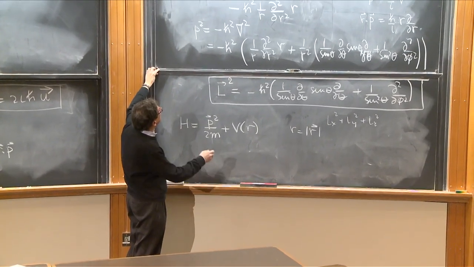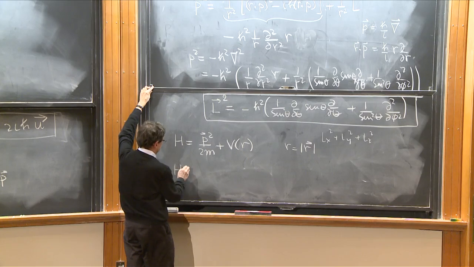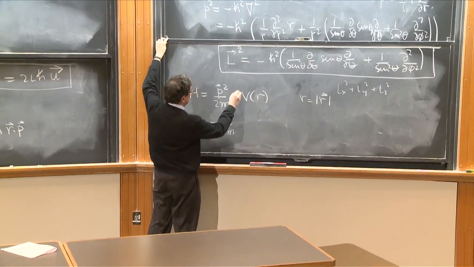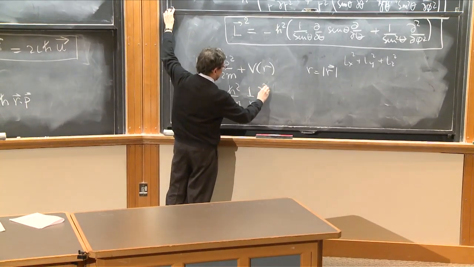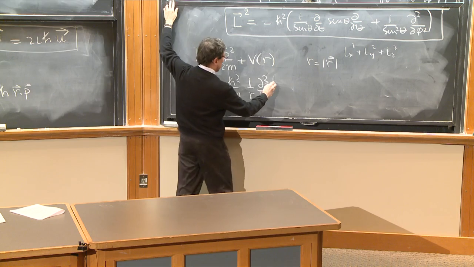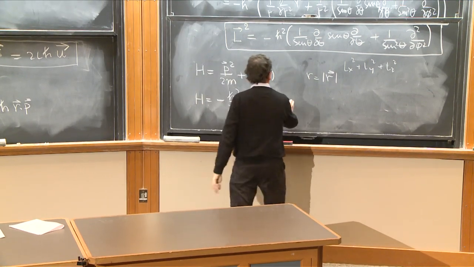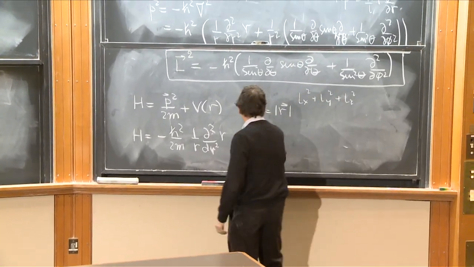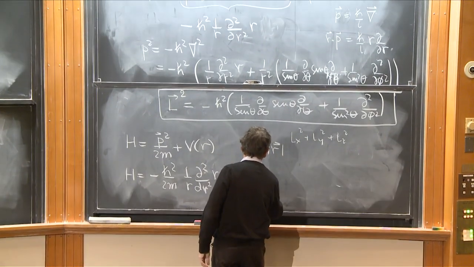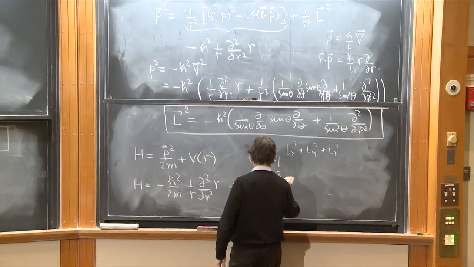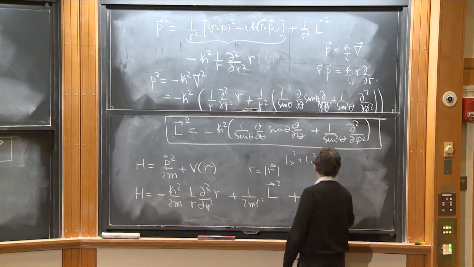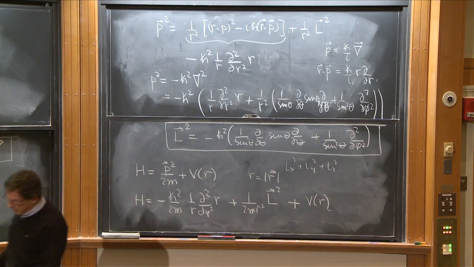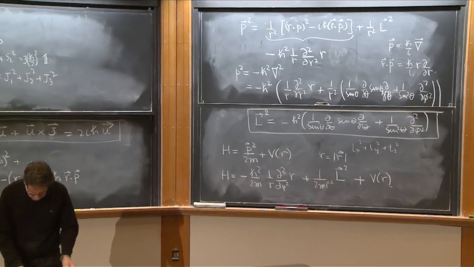So this whole Hamiltonian is minus h squared over 2m 1 over R d second dr squared R plus 1 over 2m R squared L squared plus V of R. So our Hamiltonian has also been simplified.